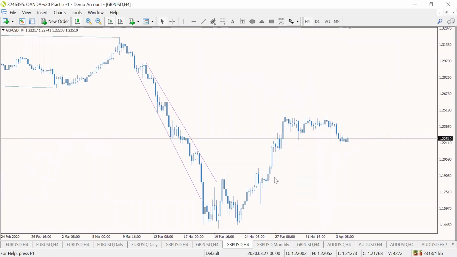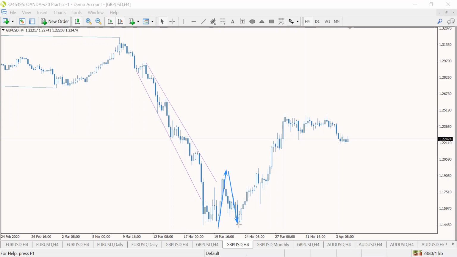How? This market gave us this move. It gave us this move. It gave us a correction.